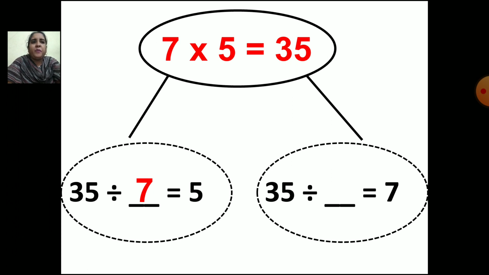So what will come in the dash? Yes, 5. It means 35 divided by 5 equal to 7. So this is how one multiplication gives two divisions.